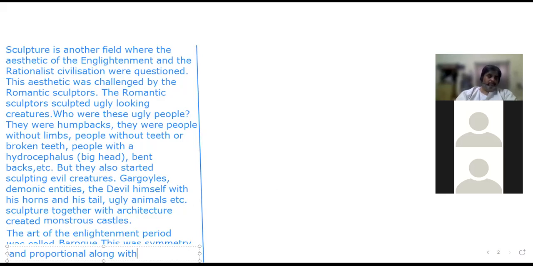So it was proportional along with symmetrical. Everything in the Baroque period.